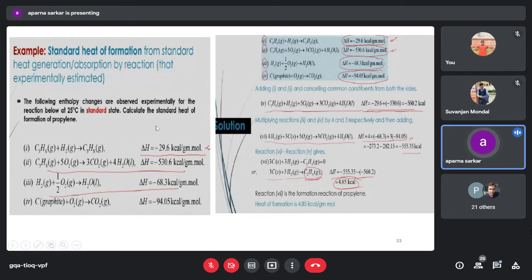Then we have C3H6 plus H2 plus 5O2 on the left, and on the right side we have 3CO2 and 4H2O. Then if you add these two equations, the del H value we have is negative 560.2. One equation complete.